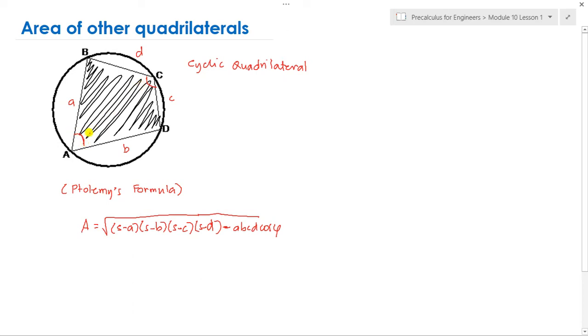The opposite angles are not necessarily equal, but their sum divided by 2 sums up to 90. Okay? It sums up to 90.